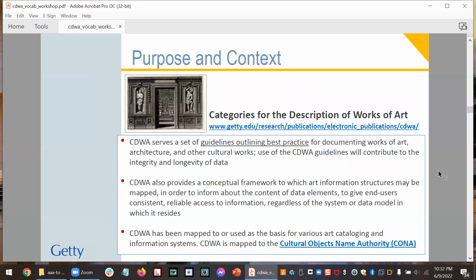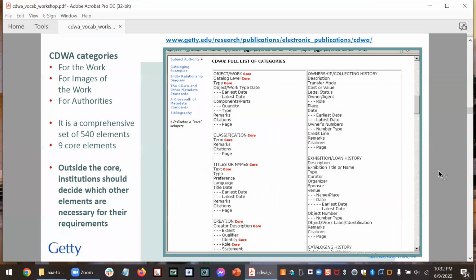Categories for the Description of Works of Art serves as a set of guidelines for best practice. It may also be used as a sort of conceptual framework for art information, but it doesn't really have a data model. CDWA has been mapped to and used as the basis for various cataloging systems, and in fact is the basis of our vocabulary called the Cultural Objects Name Authority, or CONA.